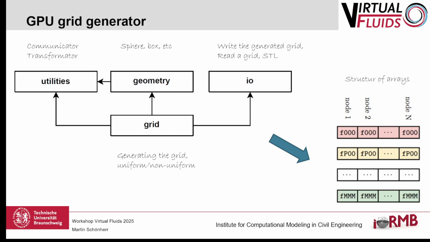It's completely the other way around, or nearly the other way around, in the CPU, because the CPU hardware likes it the other way around. So it's a bit different. But nonetheless, we try to find things in the grid generator that can be used by both types of codes. We try to unify these things in the future, I hope.